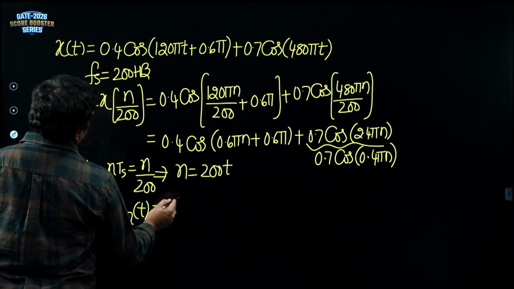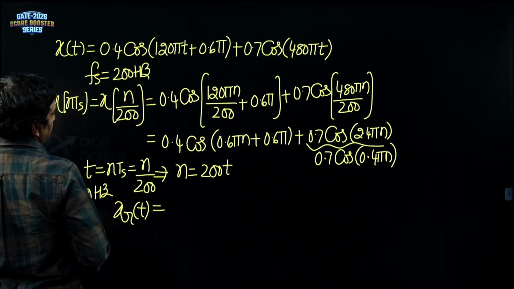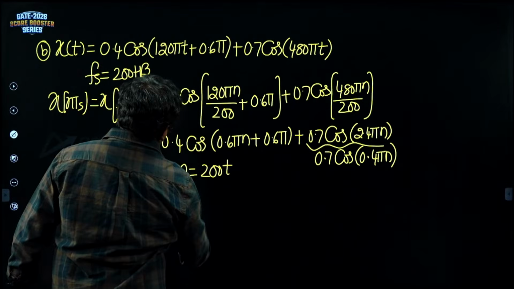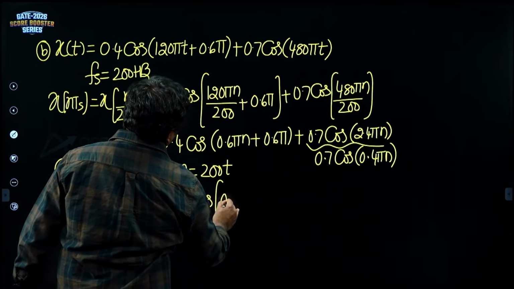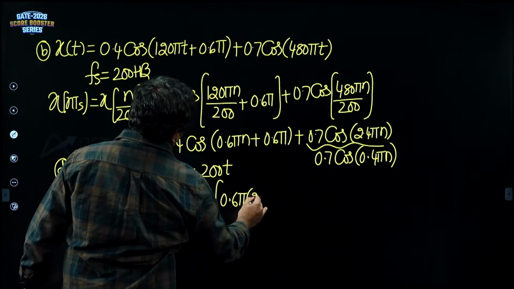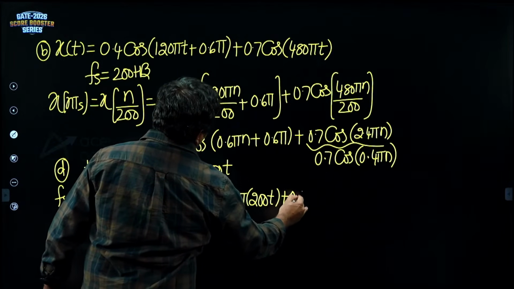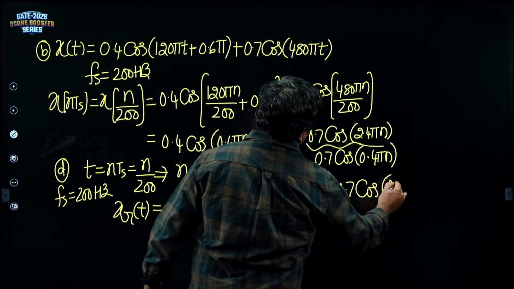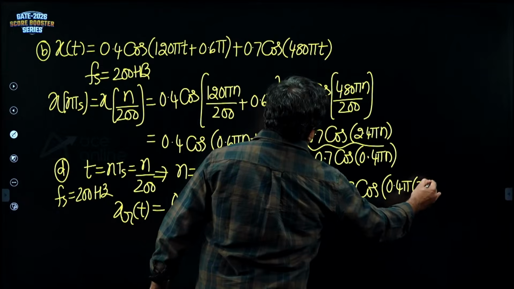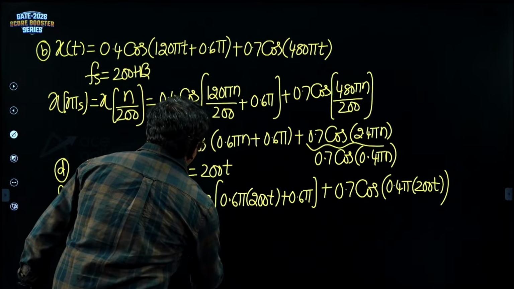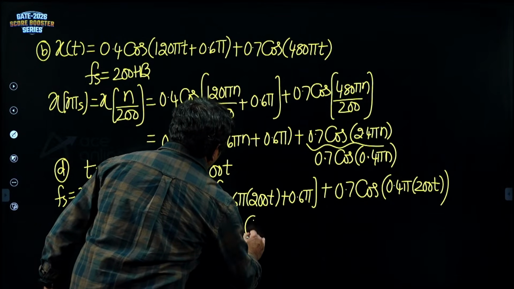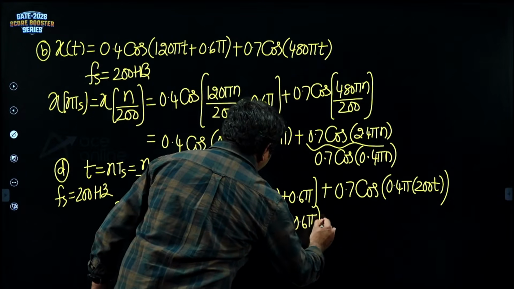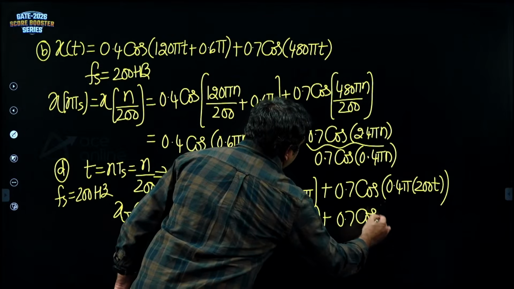So in the correct expression that we got in option B, I have to replace n as 200 T. That means 0.4 cos of 120 pi t plus 0.6 pi for one term, and 0.7 cos of 80 pi t.